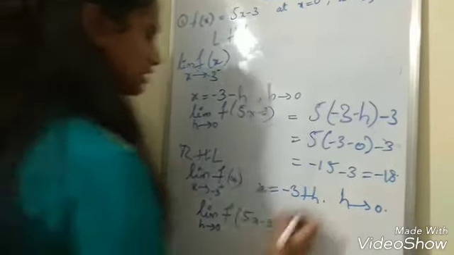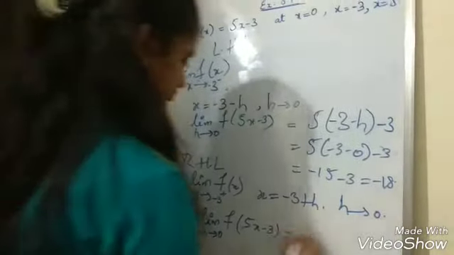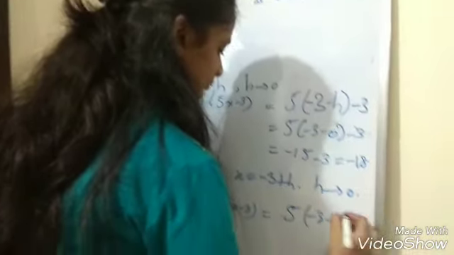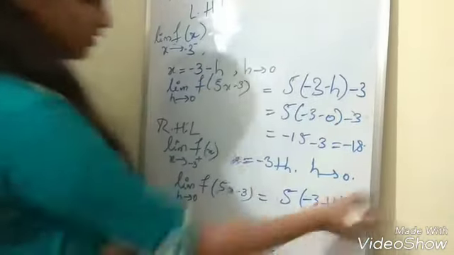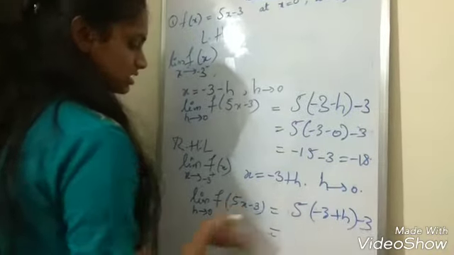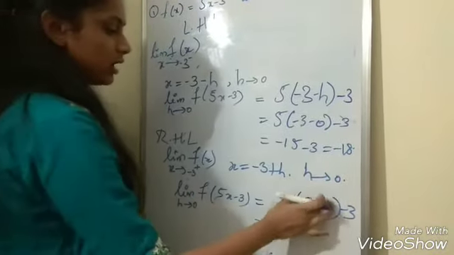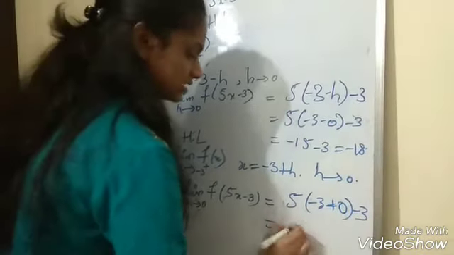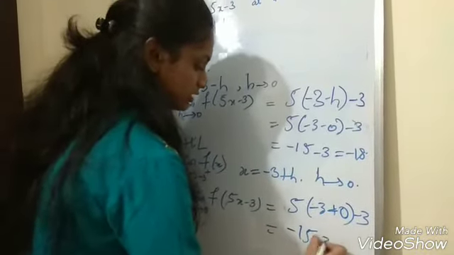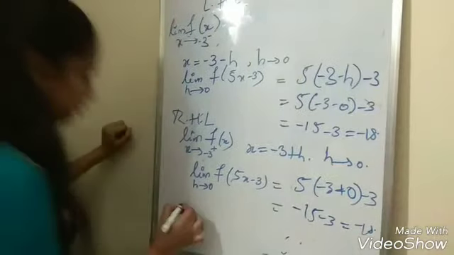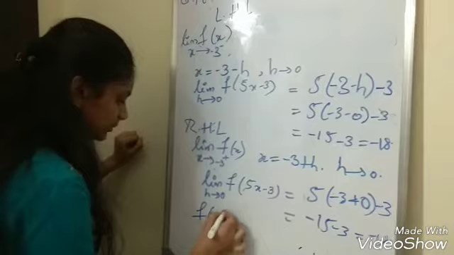Instead of x you put minus 3 plus h, minus 3. So as the value of h is tending to 0, in place of h you put it as 0. So 5 into minus 3 is minus 15 and minus 3. It's minus 18.